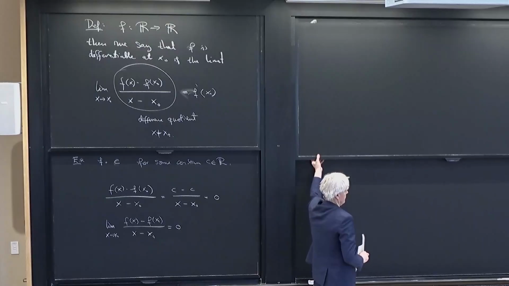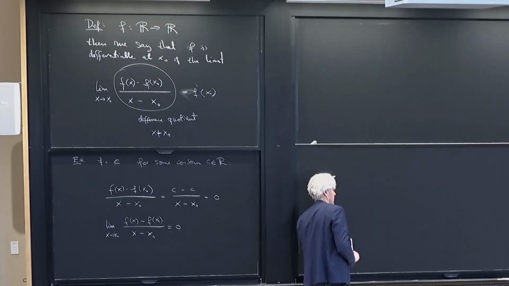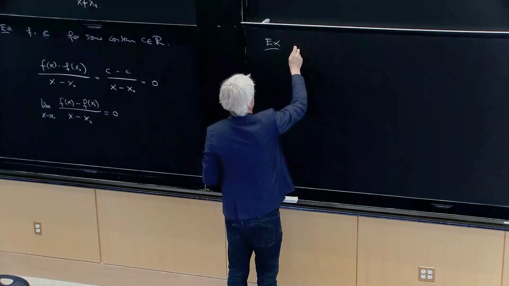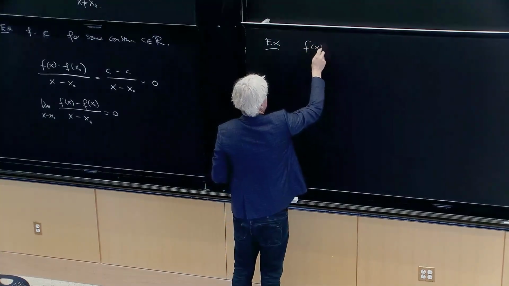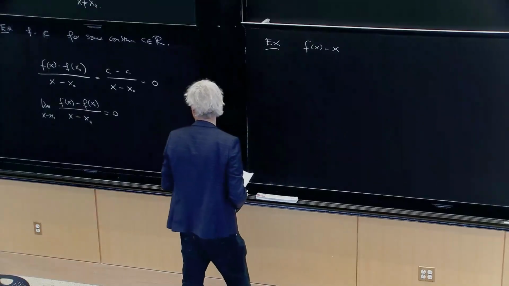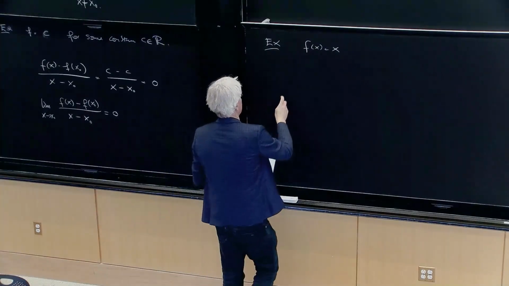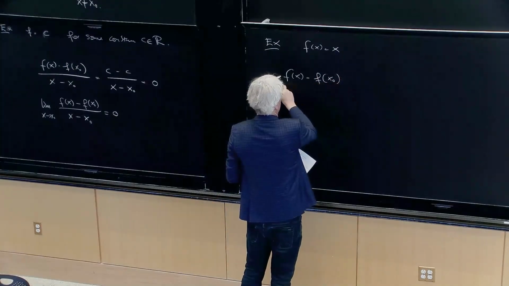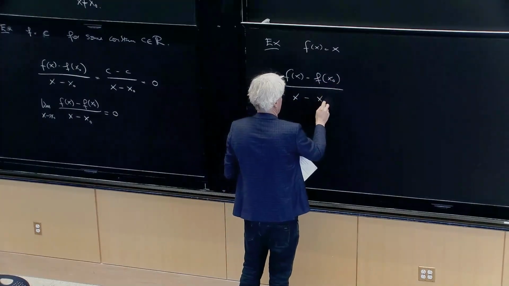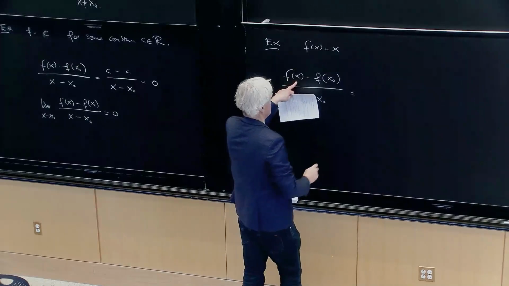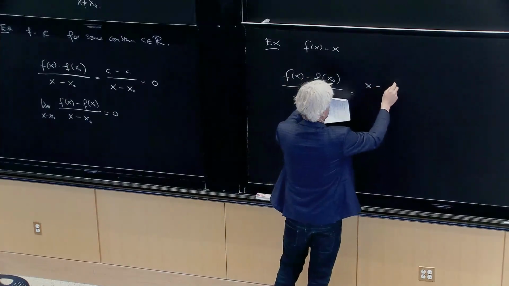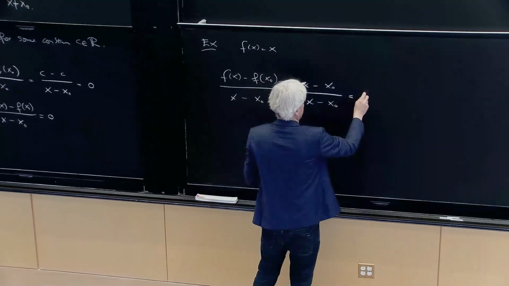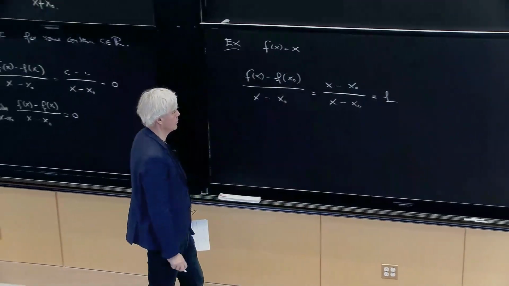The second most simple example would be that you're looking at a linear function. So let's say that f of x is equal to x. Right? In this case, the difference quotient, well, this here is x, this here is x0, so for each x and x0, this is 1.